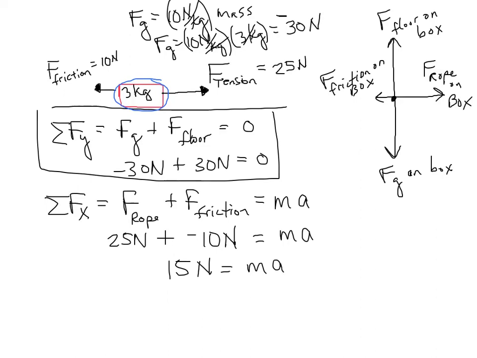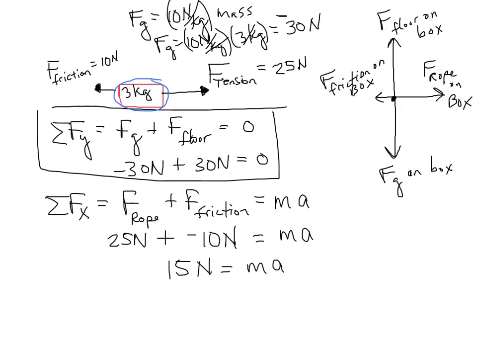So that means for this little box here, sitting on whatever this surface is, the floor, being pulled by some rope, being opposed by friction, the total sum of all the forces on this object is 15 newtons in the positive x direction. That'd be to the right. So 15 newtons to the right is the sum of all the forces on this box. And that equals m times a.